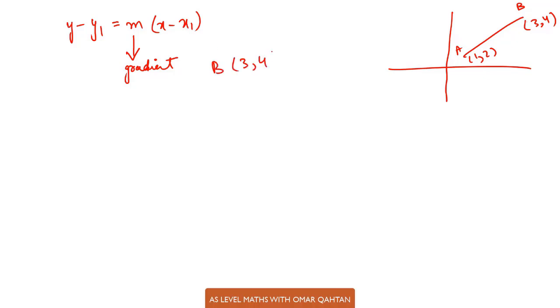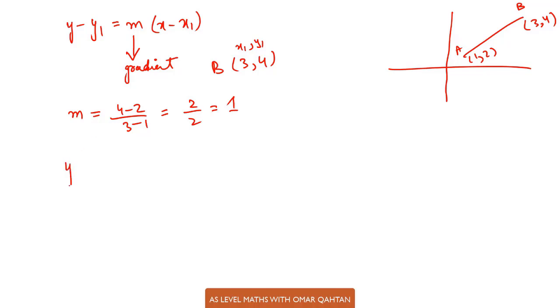It doesn't matter, you could use any of the points. So this will be my x1, y1. I will just substitute these values into it. The gradient I know already: 4 minus 2 upon 3 minus 1, which is 2 upon 2 equals 1.